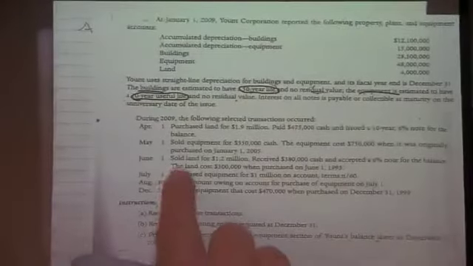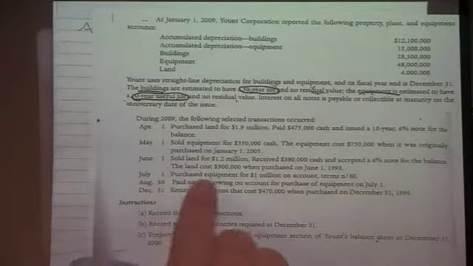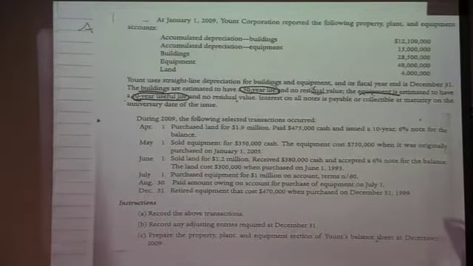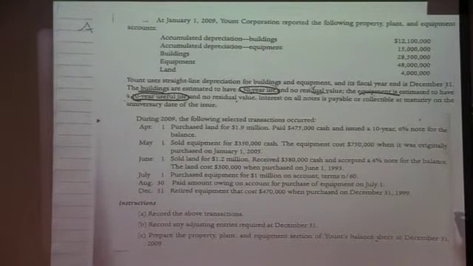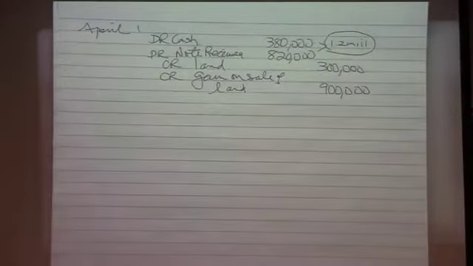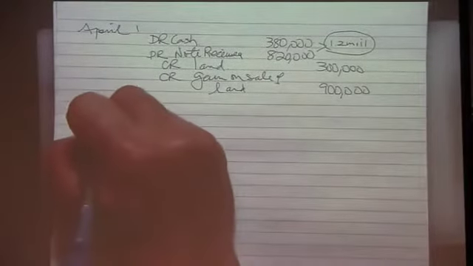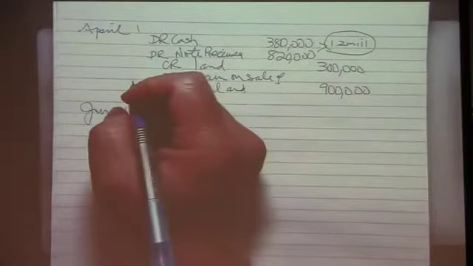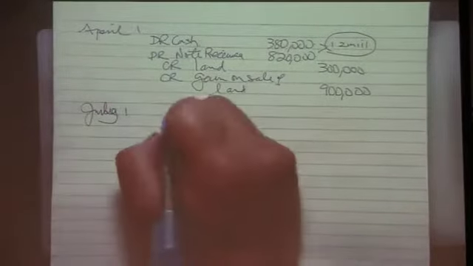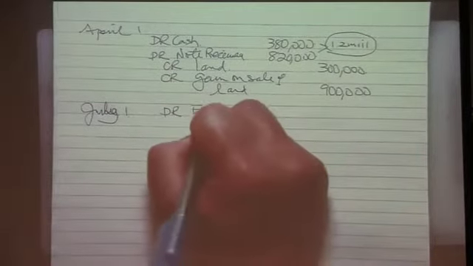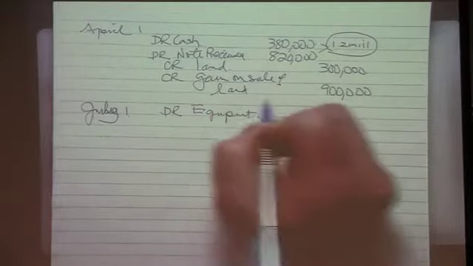Now, on July 1st, they purchased equipment for $1 million on account. Okay, on account means it's in accounts payable. So let's do that entry. So debit equipment, $1 million.